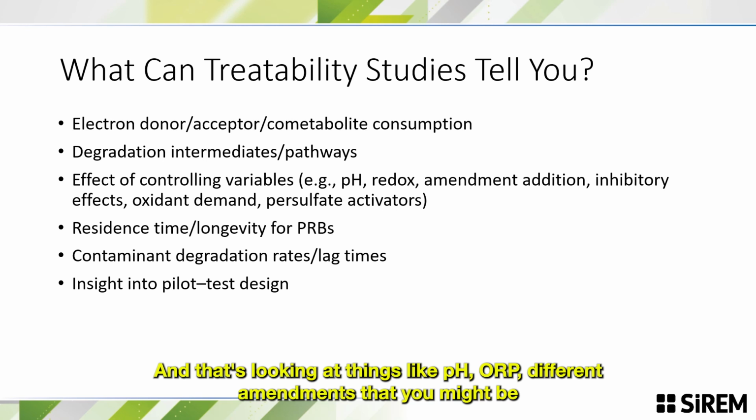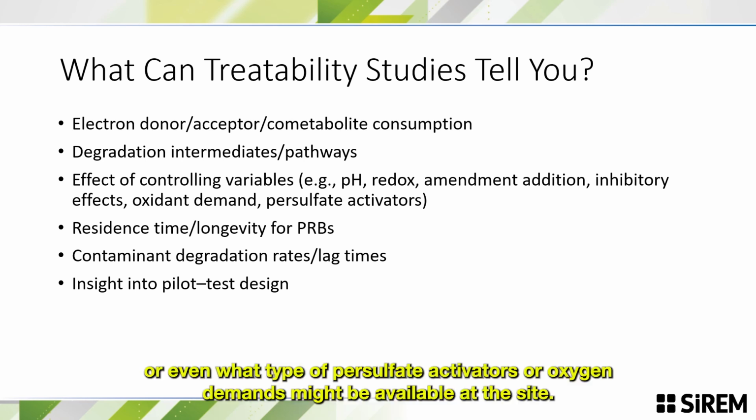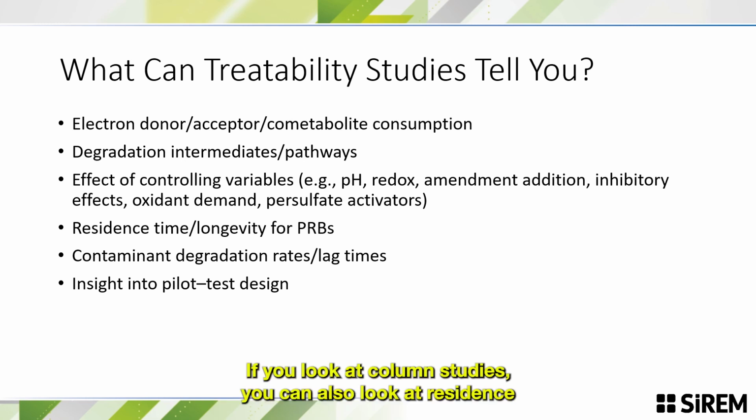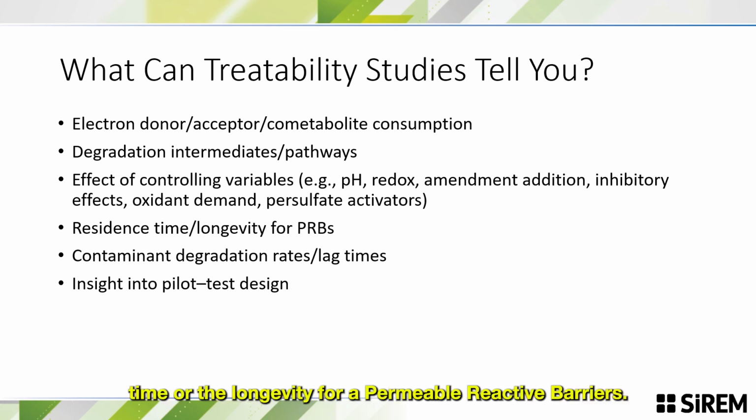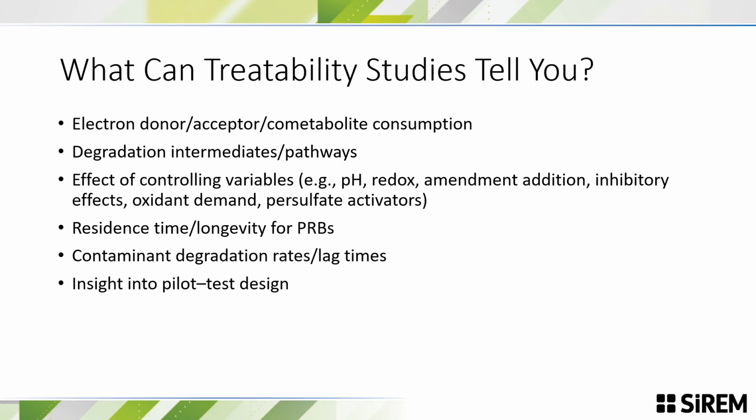And that's looking at things like pH, ORP, different amendments that you might be looking at, inhibitory effects or competition effects between two sites, or even what type of persulfate activators or oxidant demands might be available at the site. If you look at column studies, you can also look at residence time or the longevity for permeable reactive barriers, and you can also get a better sense of contaminant degradation rates and lag times.